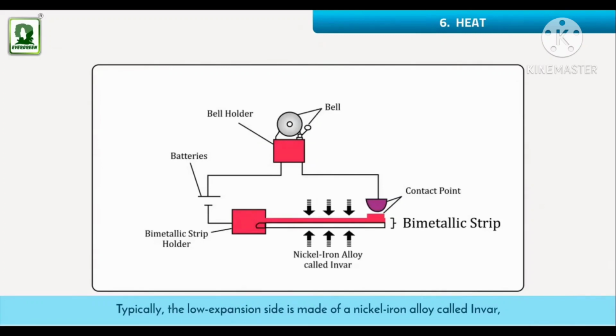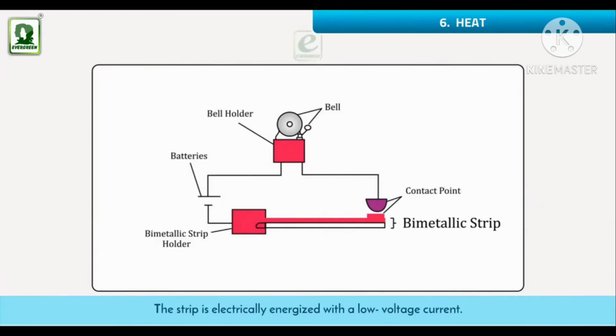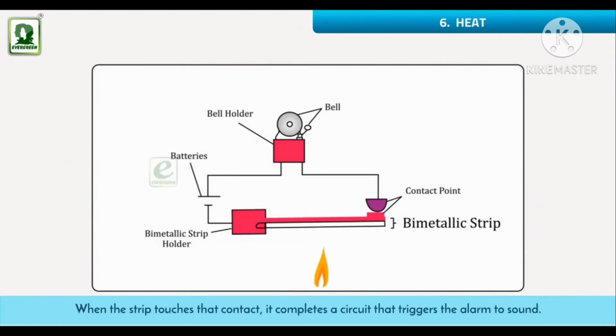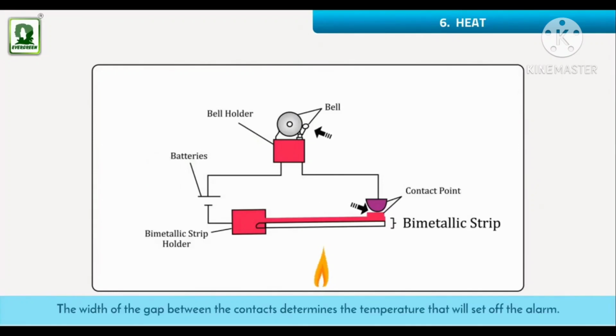When the strip is affected by heat, it will bend at the contact point. So the alarm will ring. When the metal strip cools down, the alarm will go off.